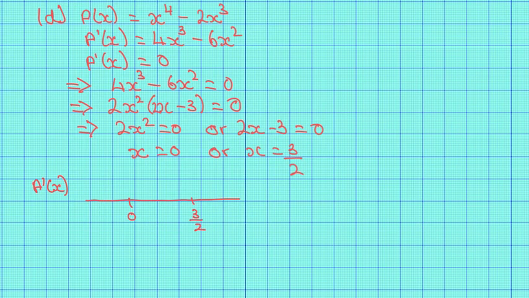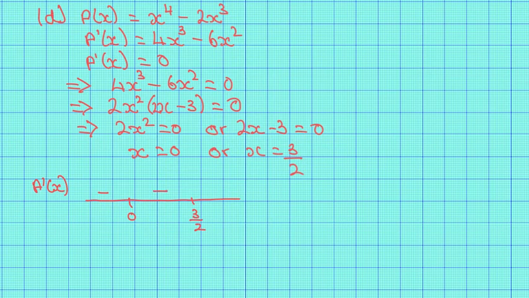So minus 1 cubed is minus 1 times 4 is minus 4 minus 6 times minus 1, so that's going to be negative. So we want something above 0 but less than 1.5, so we'll do 1. So that would be 4 minus 6, which is minus 2, which is negative.